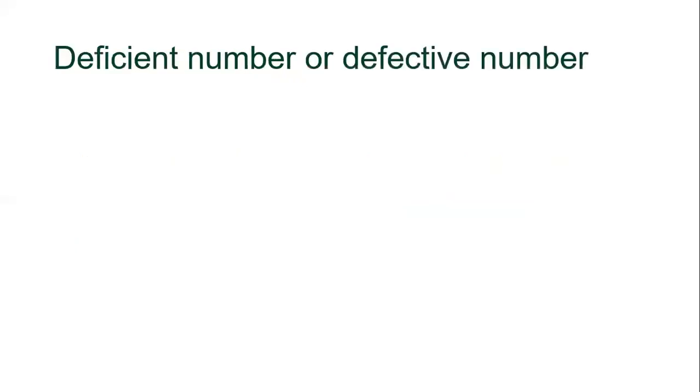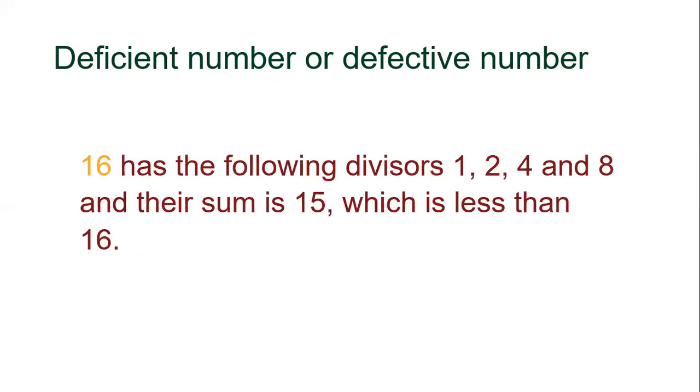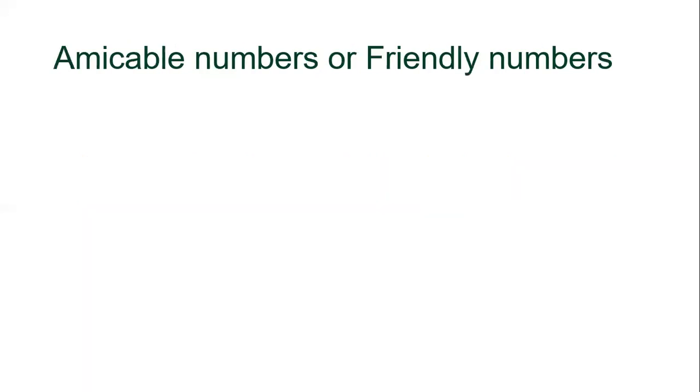Now, the opposite of an abundant number is a deficient number, which is a number in which the sum of the possible divisors, again except the number itself, is less than the number. For example, 16 has the following divisors, 1, 2, 4, and 8, except 16 itself, and their sum is 15, which is less than 16. That is a deficient number.